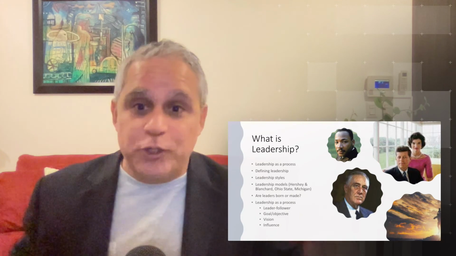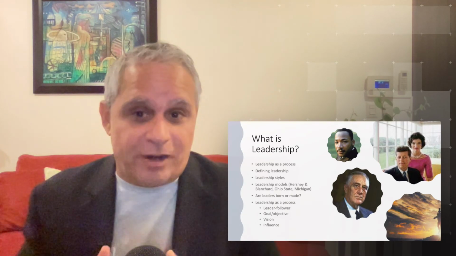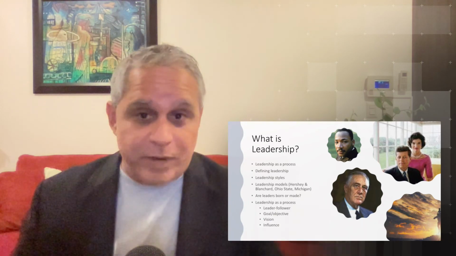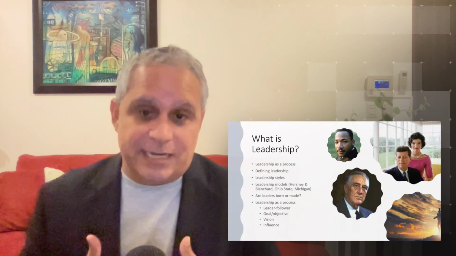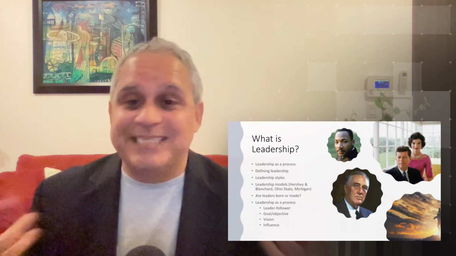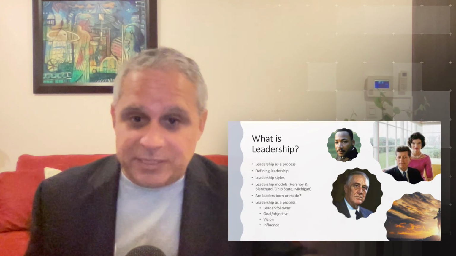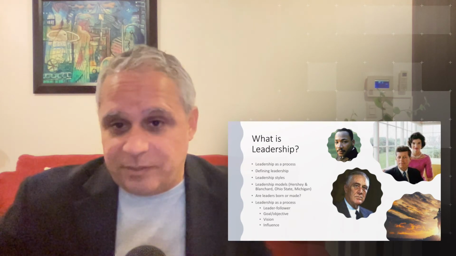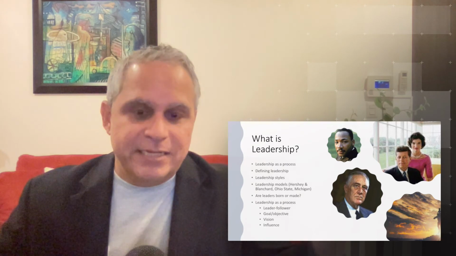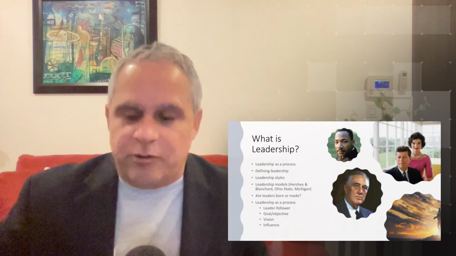Now, depending on what you're influencing that person to do will determine what kind of a leader you are. You could be a transformational leader, you could be a great leader, or you could be a toxic leader, or what we sometimes refer to as an anti-leader, right? We'll talk about some examples during this course of great leaders per se who have been horrible individuals and who have led people to do terrible things.